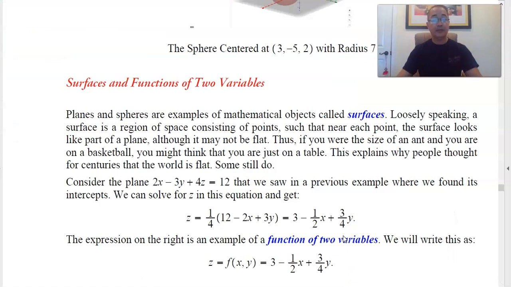All right, so we saw a sphere, we've seen planes, and these two objects are examples of what are called surfaces. So what is a surface in general? For now, we will just say very loosely that it is a collection of points in Cartesian space where if you are at one of the points on the surface and you look around near you, it kind of looks like you're on a plane, something flat, or something that might almost be flat.